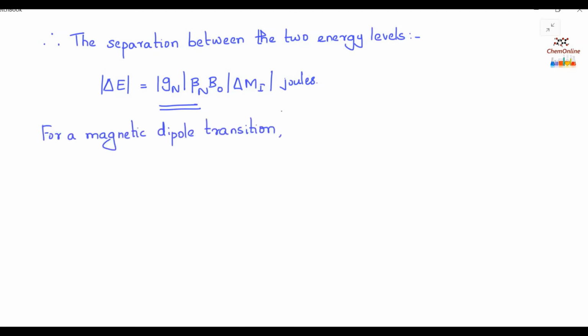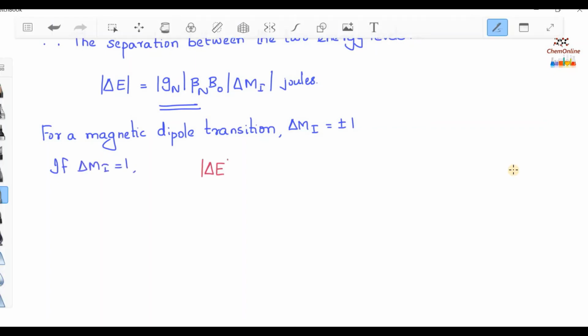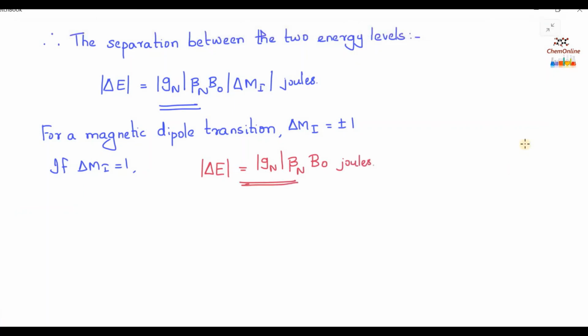For a magnetic dipole transition, delta mi equals plus or minus 1. So in the above equation, if delta mi equals 1, then we can write delta E equals Gn beta n B0 joules, where B0 is the strength of the applied field.